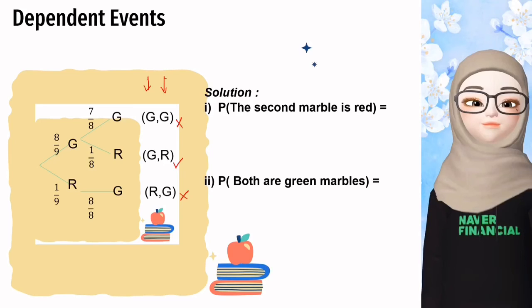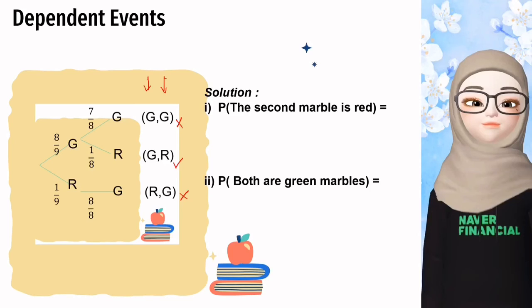So we can get the probability by using the multiplication rule. Here is G, so the probability of G is 8 over 9. Here is R, so the probability of R on the second try is 1 over 8.